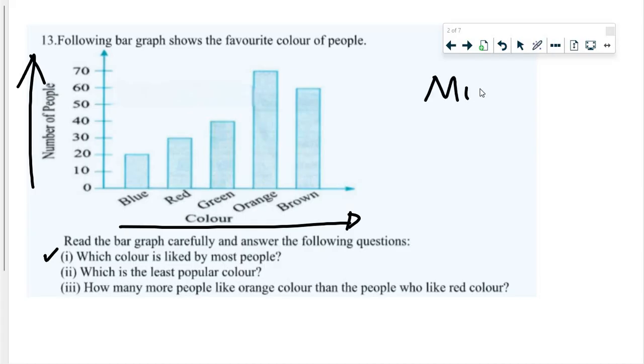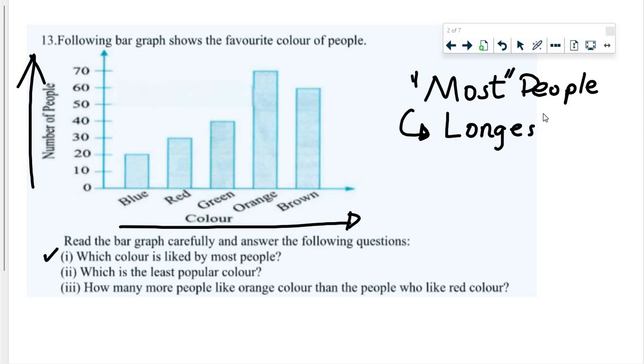So for most people, the keyword most is connected or associated with the longest or tallest bar. When I say a bar, I mean rectangle.